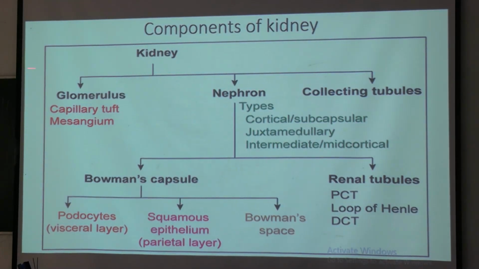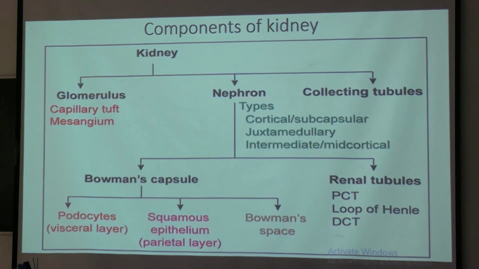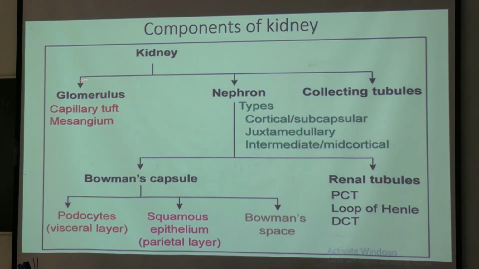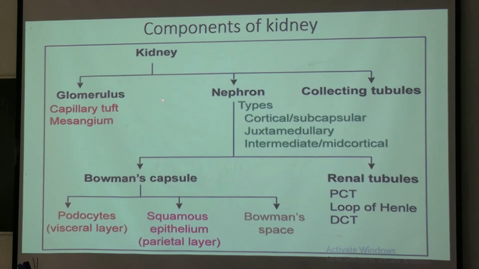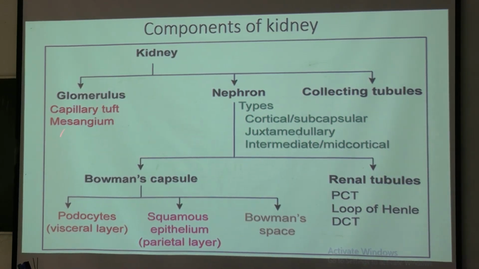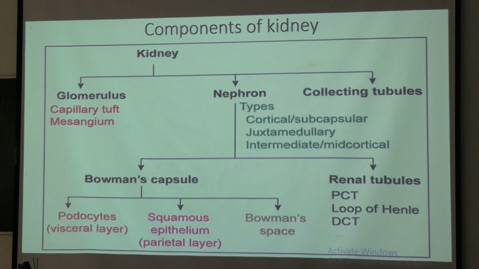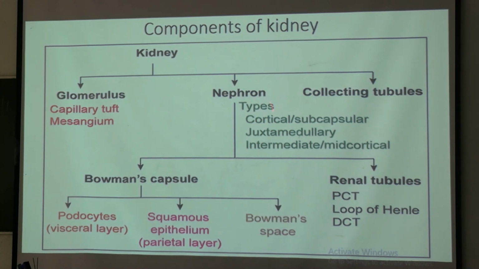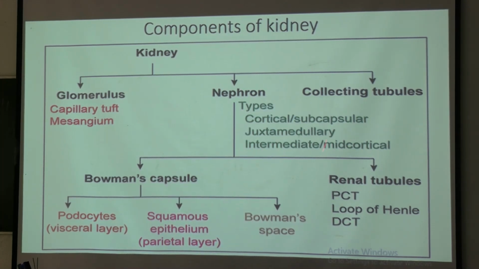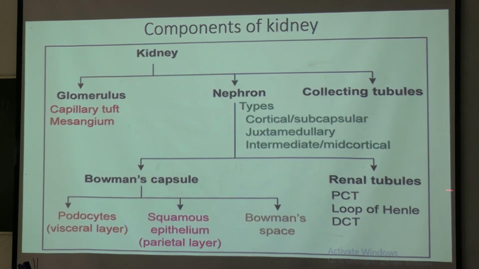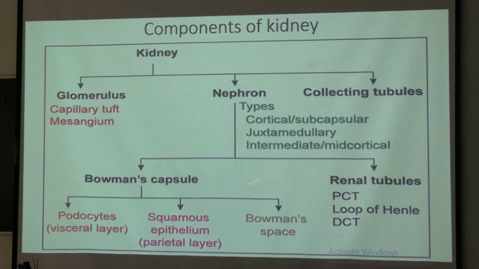So the kidney is divided into these components. First is the glomerulus. Glomerulus is a capillary tuft, and it has some mesangial cells lying within the capillary tuft. Next there is the nephron. Nephrons are of three types, and each consists of Bowman's capsule and renal tubules.